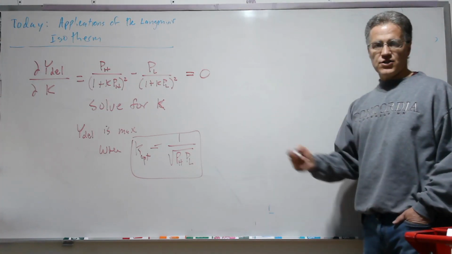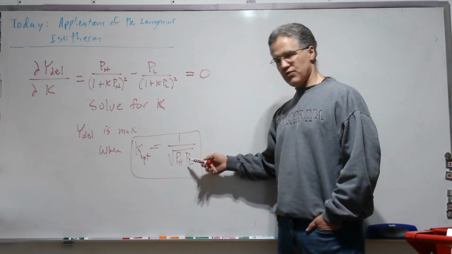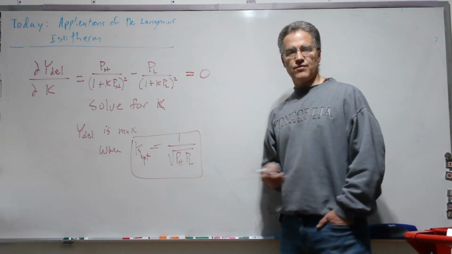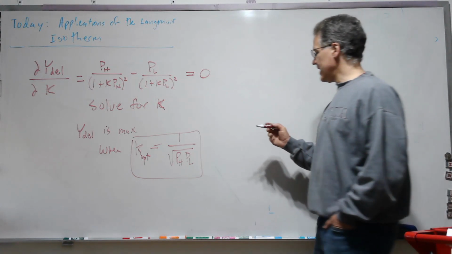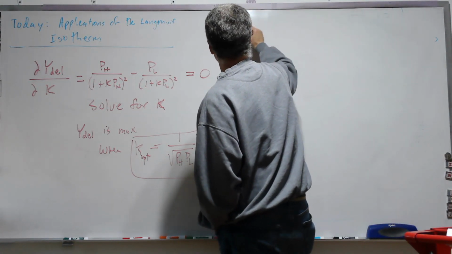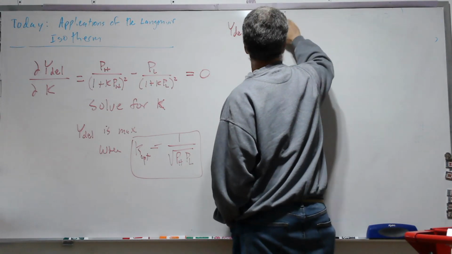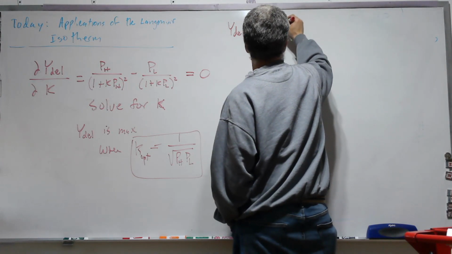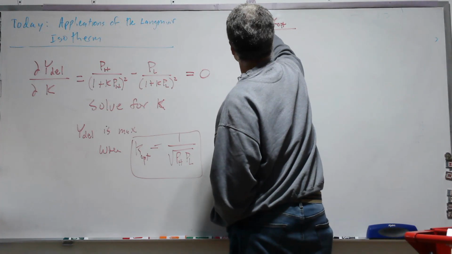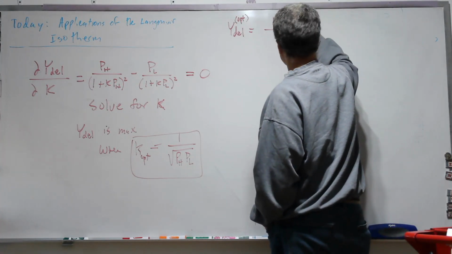All right, so that's a good solution. We can check here. Units are right because it should be 1 over pressure, and we've got pressure squared, square root of that, so we have 1 over pressure. Units work out okay. Let's go back to Y del, and let's put in K optimal. So we'll call this, what is Y del under optimal conditions, optimal K?